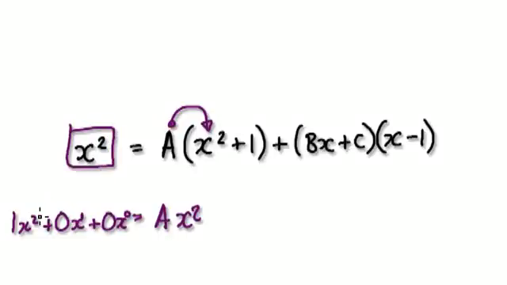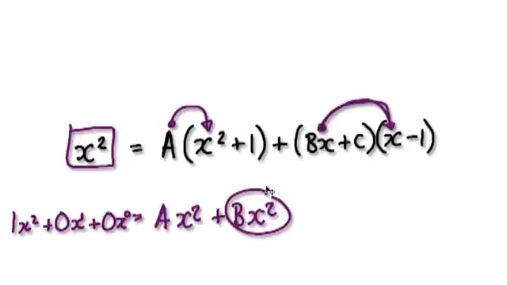So we are entitled to just look at the x squared term only. This times this will give us plus bx squared.